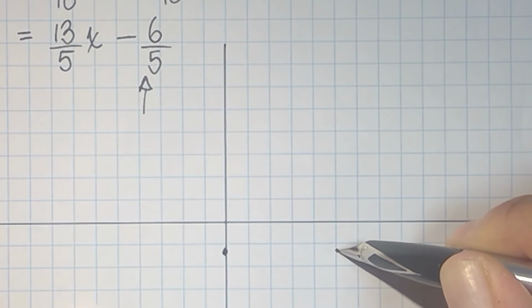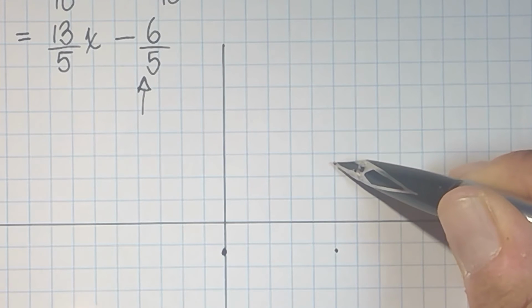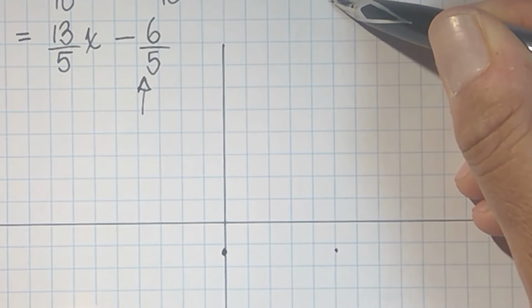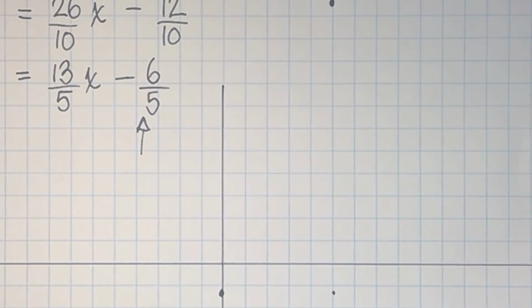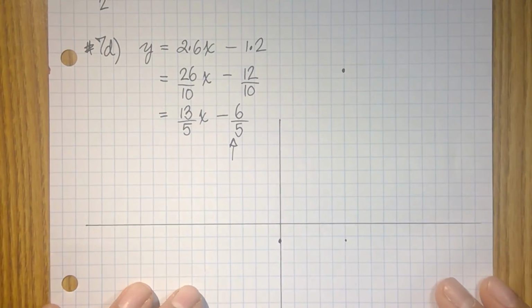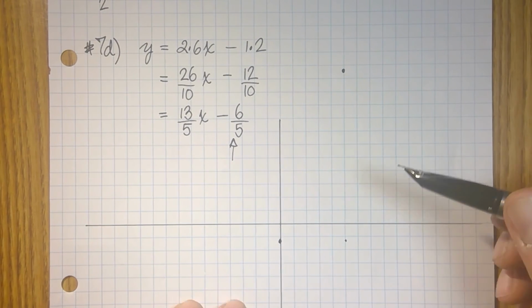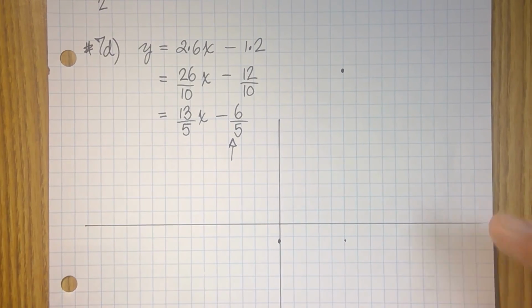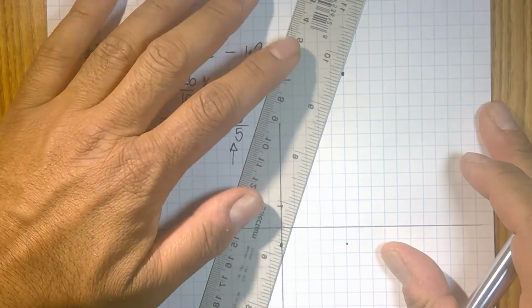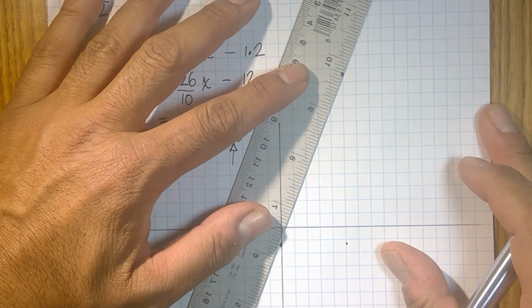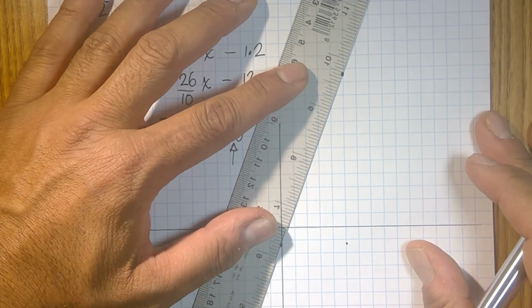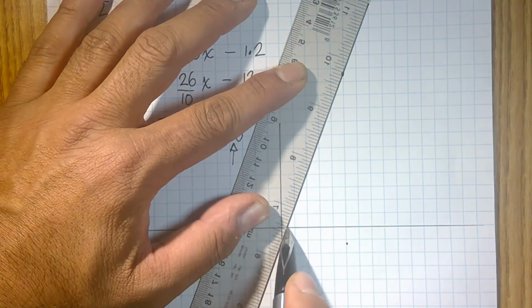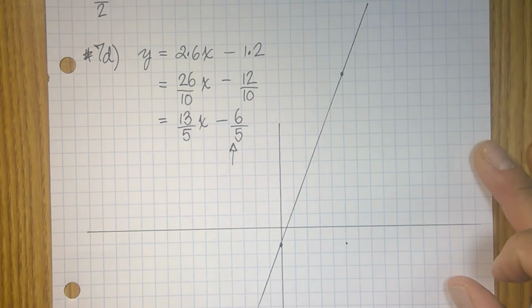So I'll just double check that. So if you look at it, this is 13, this is 5. And when you connect those two dots, you get a line like this.